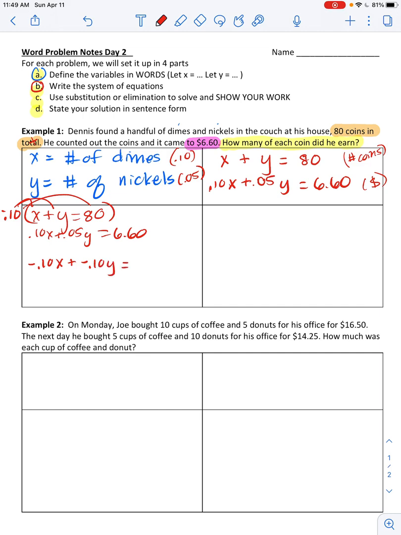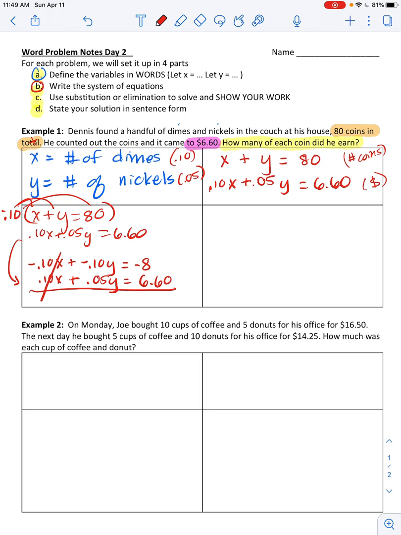And if I take 80 and multiply it by negative 0.10, I get negative 8. Then I'm just going to copy this one because what I'm trying to do in elimination, remember, is eliminate one of my variables. So I've set up a situation where these will eliminate.